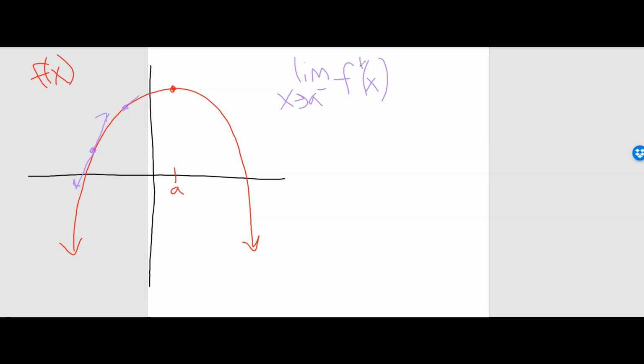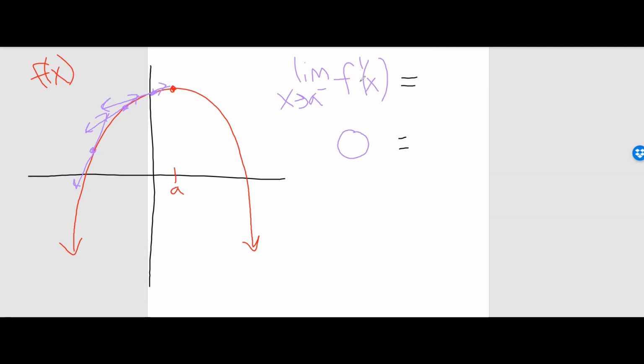We can make another one. And we can make one more. What slope do those tangent lines seem to be approaching? Well, they seem to be approaching 0. We're eventually getting to that horizontal tangent.